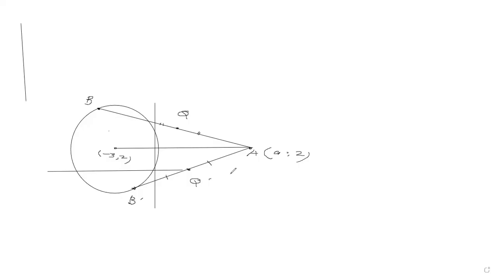Okay. Now here we got this diagram, and then it says, for what value of A would the center of the smaller circle formed by Q? So it seems that Q and Q prime also lie on a circle. We don't know, that's not obvious at all.